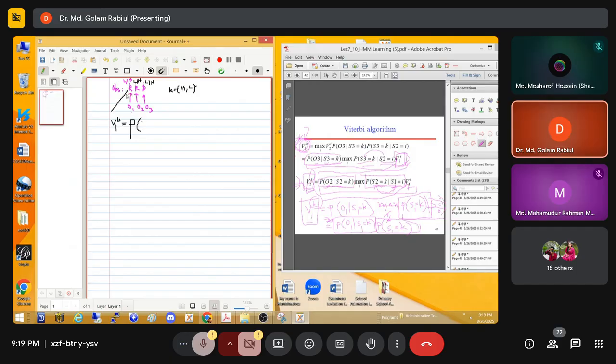Observation 1 is R, that is rain. Probability of rain given S1 equal K. S1 is state 1, so state 1 equal K. We consider K equal L, so this is L, times probability of state 1 equal K, and K is L here. So it means probability of rain given L, low atmospheric pressure, and probability of low atmospheric pressure.